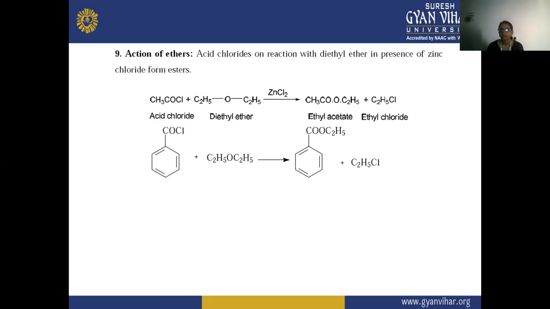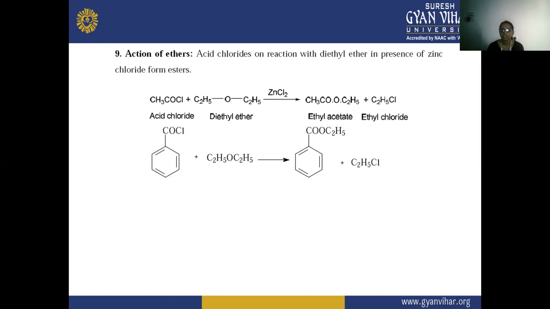So this is your ethyl acetate. This is the ninth chemical reaction of this acid chloride, in which the acid chloride reacts with the diethyl ether, and there is a formation of ethyl acetate and ethyl chloride.